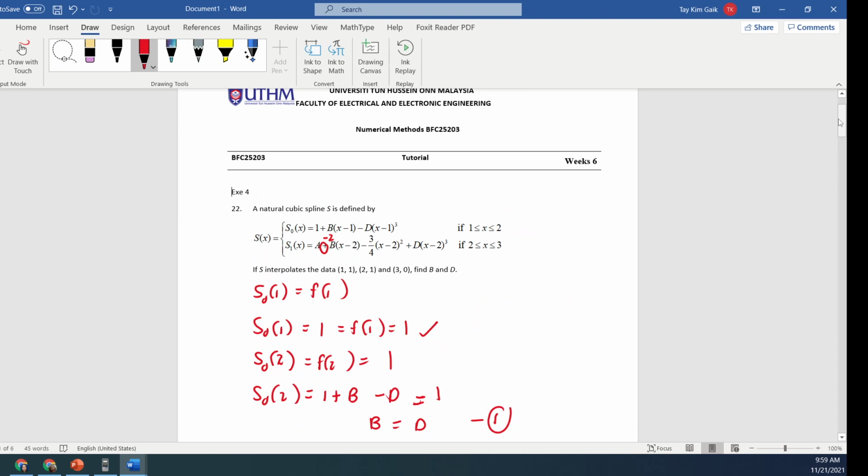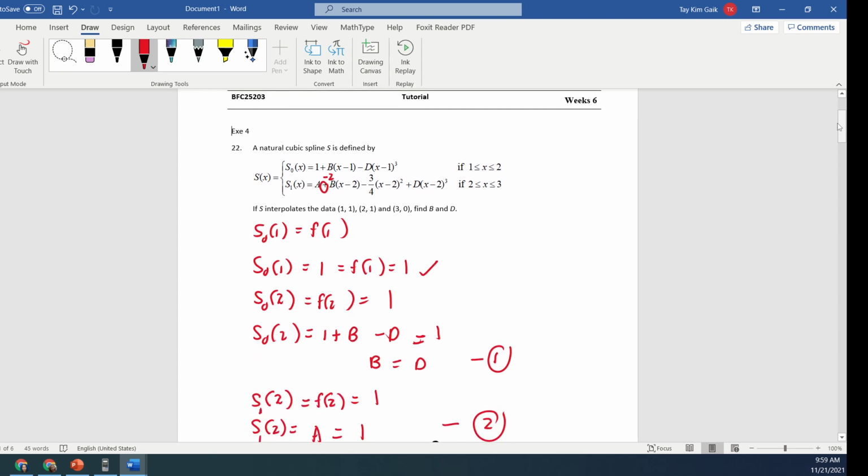So the mistake in the question is that this should be negative 2b. To find A, B, and D, when you plug 1 into S naught the answer should be 1, and S naught(2) should equal F2, which is 1.